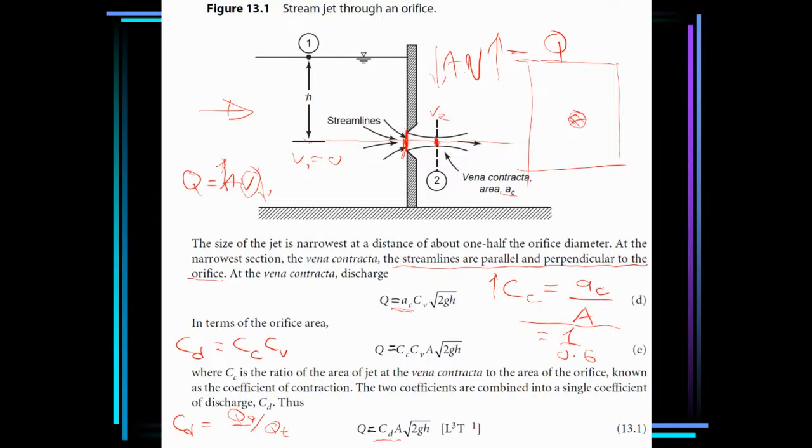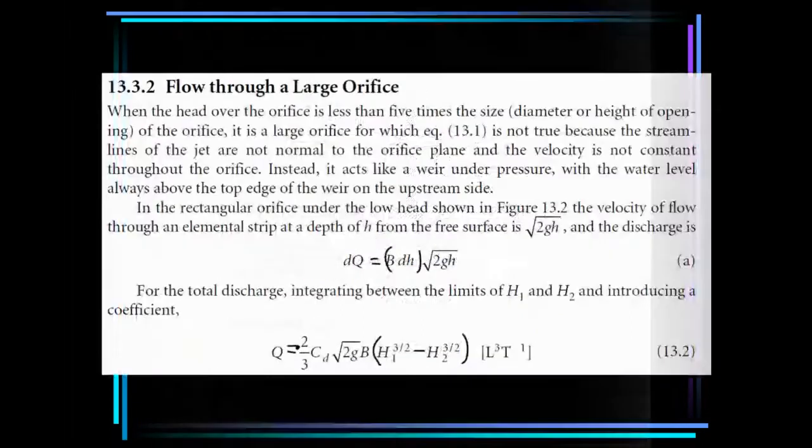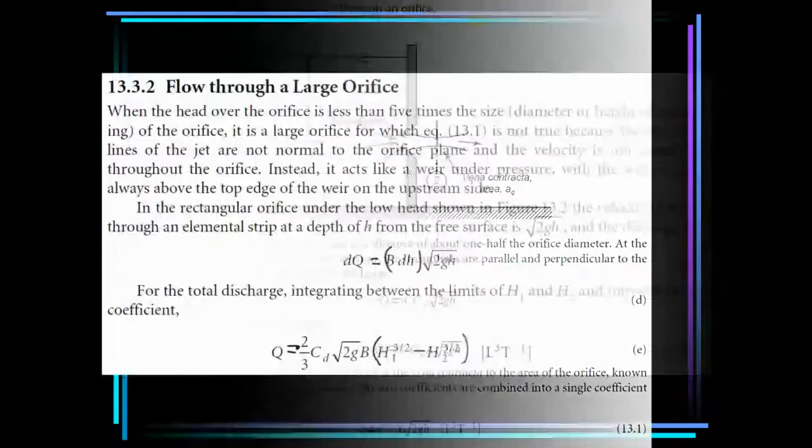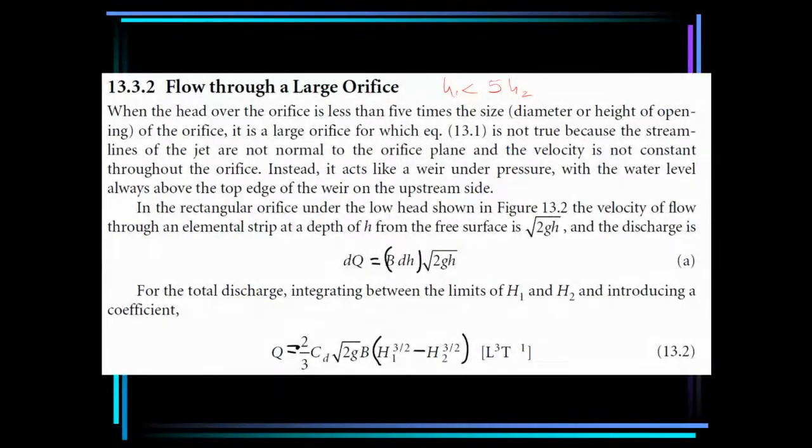If this H is not very high compared to the height of the opening, then the streamlines will no longer be perpendicular to the orifice, and the velocity will no longer be the same at the orifice. So what do we do now?